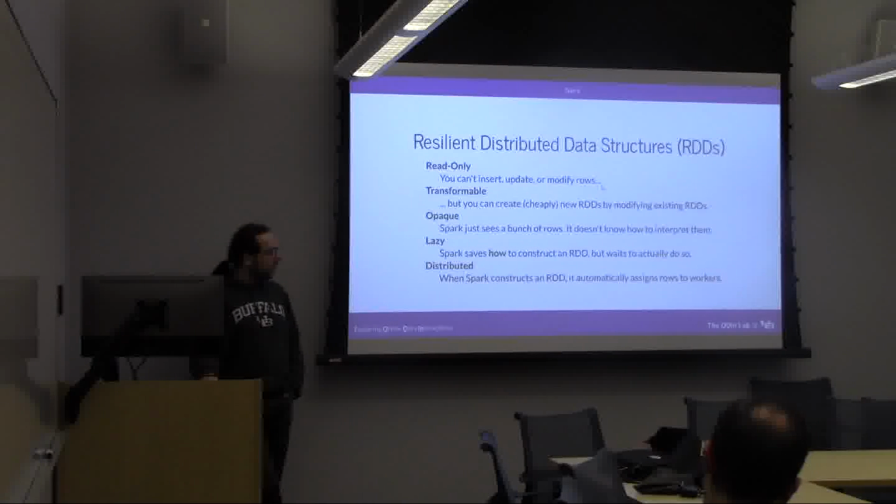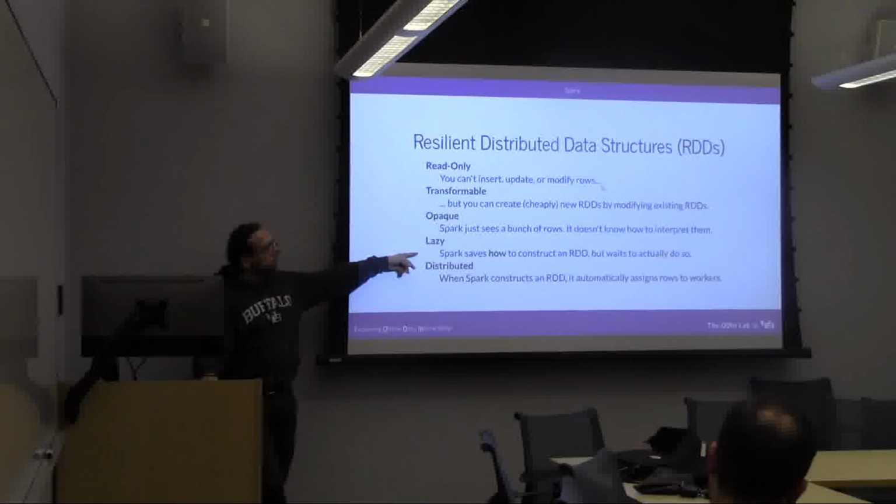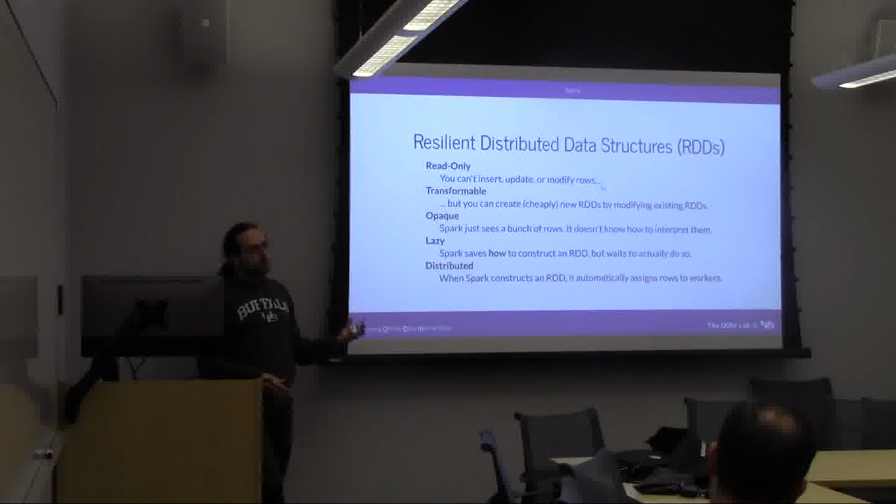If something breaks, because it keeps track of how the result was constructed, it knows that that result can never change, so if anything breaks, it can just reconstruct the object, or the RDD, from its component parts.